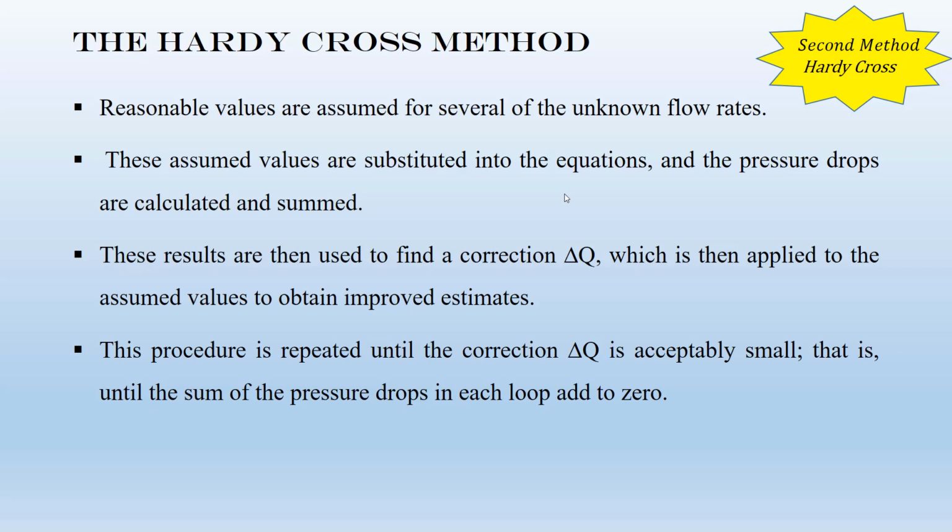Now you have all the Q's, you can find a delta Q correction factor, which we will discuss, and then you can find the new Q. Based on the new Q, you can decide if your assumption is good or you need to repeat the process.